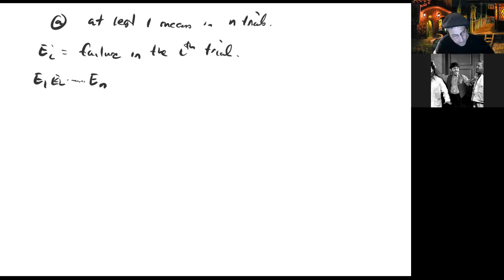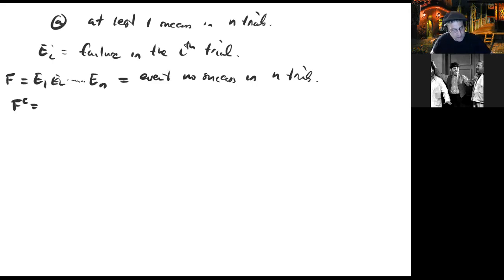That is the event that there is no success in the n trials of the experiment. If we call this event F, what is F complement? F complement is the complementary event. That means there is at least one success in n trials.